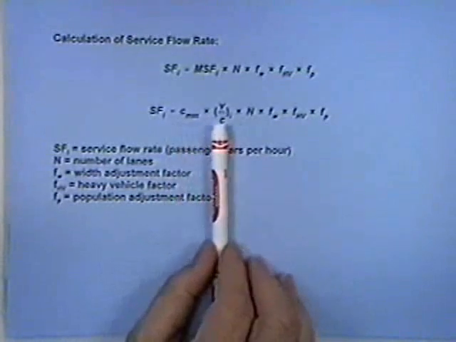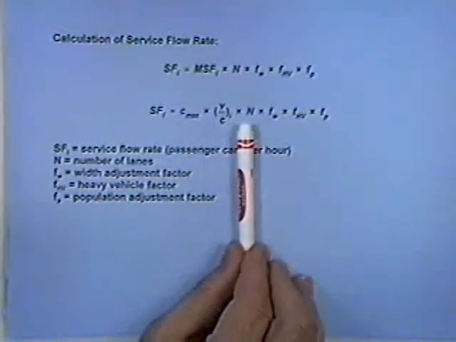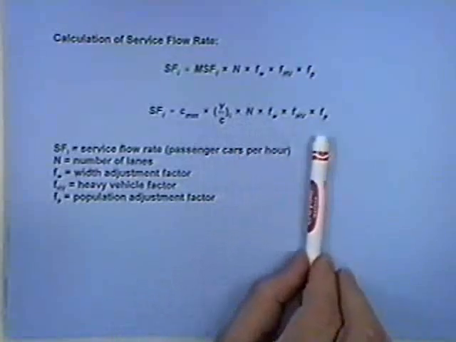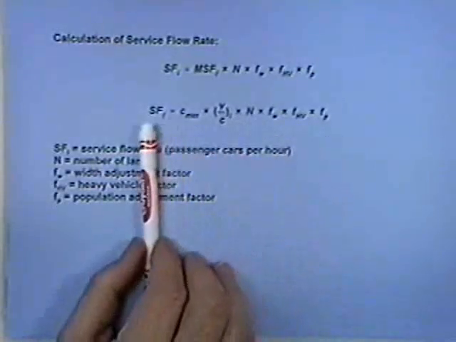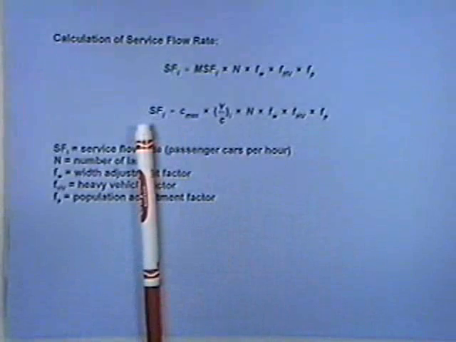So that would be 2,000 times 0.9 times 2 times 1 times 1 times 1, and that would tell us really that we could accommodate whatever that product is, number of passenger cars per hour at that particular level of service. So that may be what we would design for in that particular instance. Okay, and it's a fairly typical type of question that might be asked.